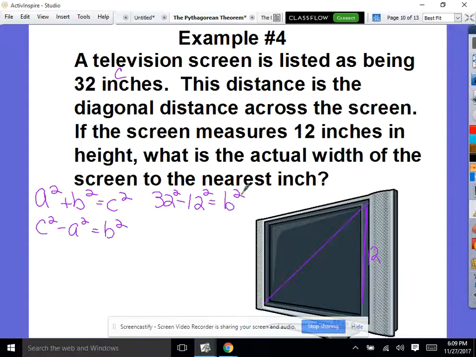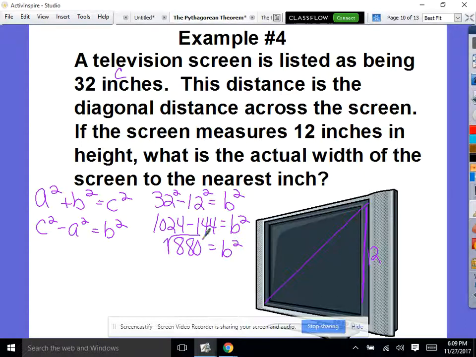So 32 squared is 1,024. 12 squared is 144. We subtract 1,024 minus 144 and get 880, which equals b squared.